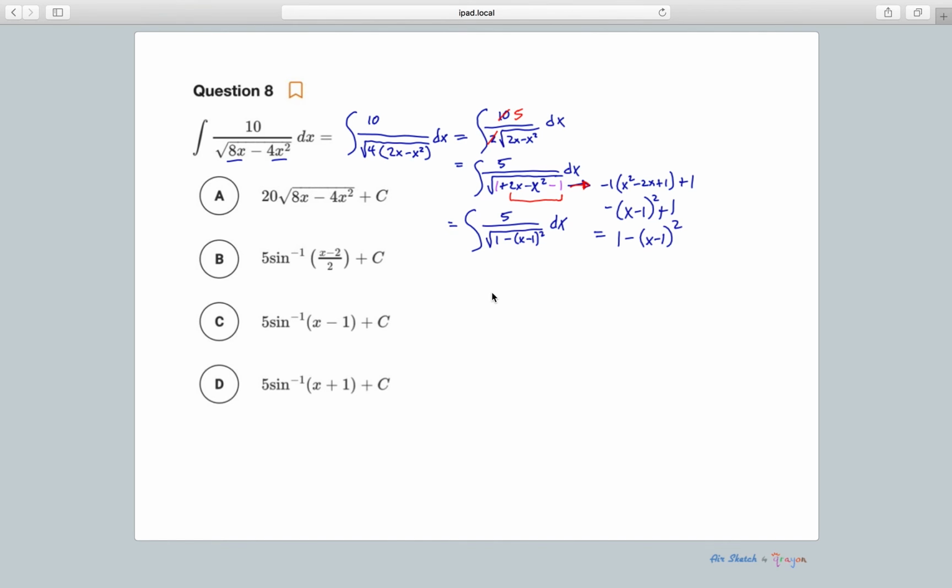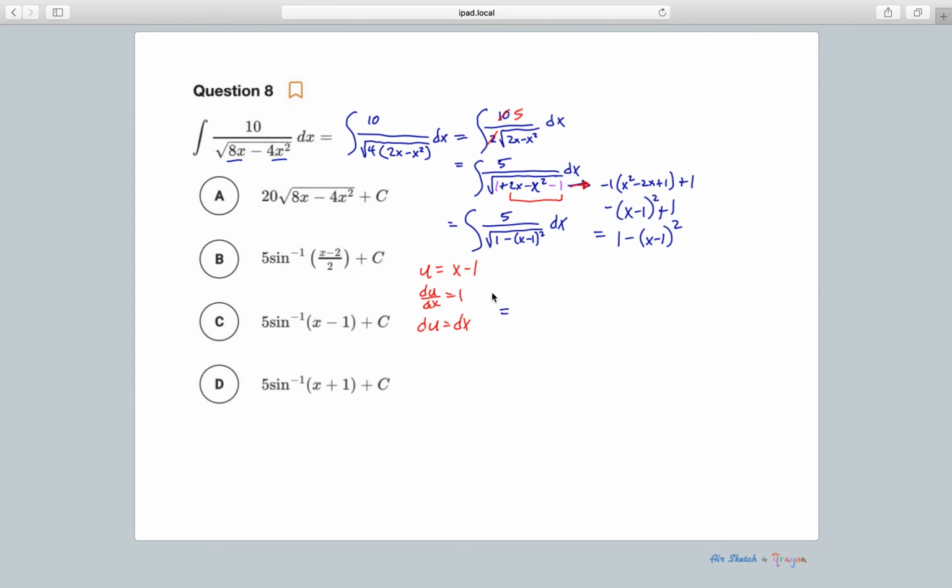And that just changes our u substitution to x minus 1, which makes du 1. So du dx is 1, so du equals dx. Okay, and that actually makes everything work out, where we'll get one of the answers.